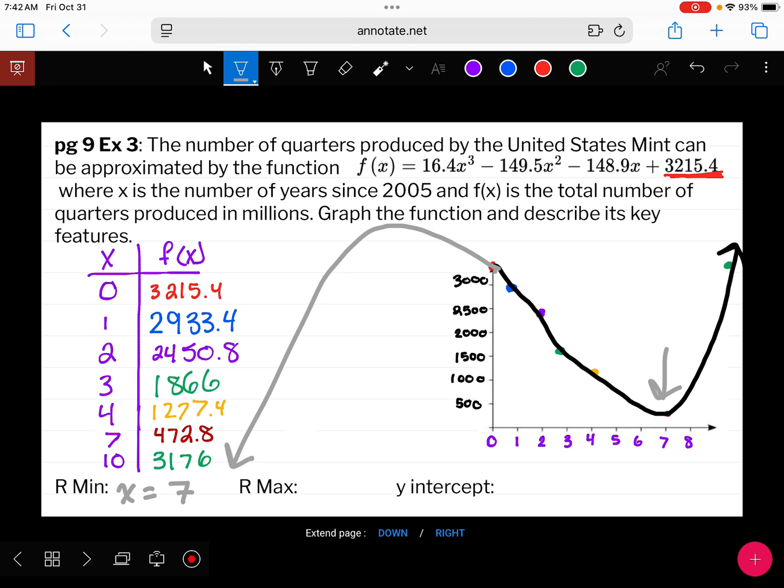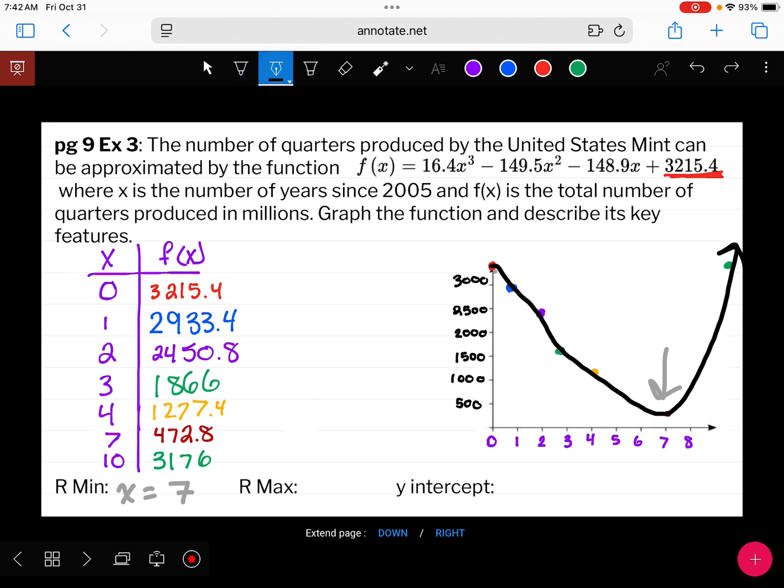So we can't take an endpoint as a maximum. If it stops there, it stops there. It's not going to count as a relative maximum because it's not the highest of points on either side. It's just the highest of points on one side. It doesn't have both sides. So this one does not have a relative maximum based off of what we have here.